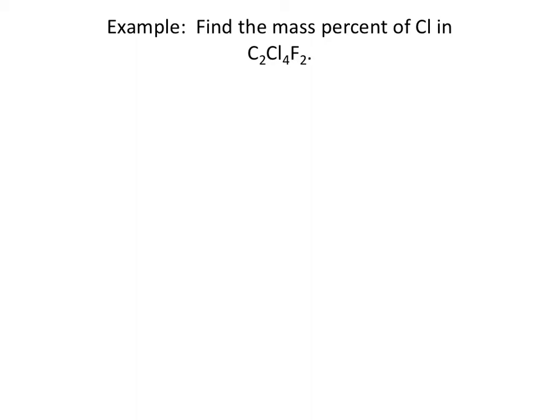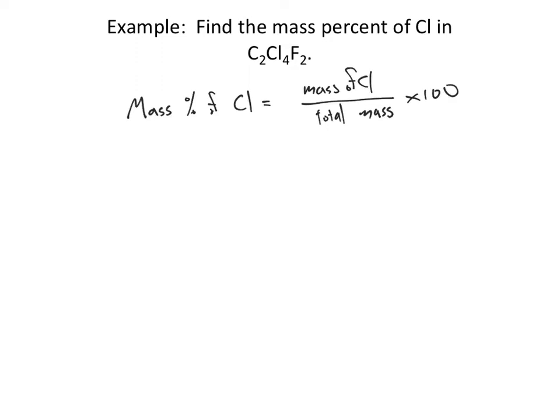So to write that out. Alright, and when we determine the mass of the chlorine, we have to take into account the fact that there's 4 chlorines when I have 1 mole or 1 molecule of this compound.